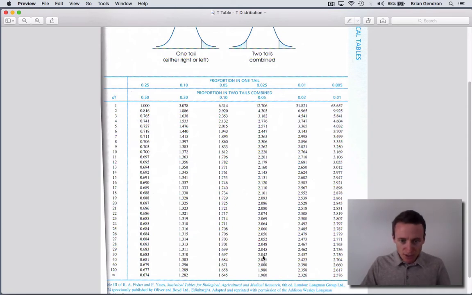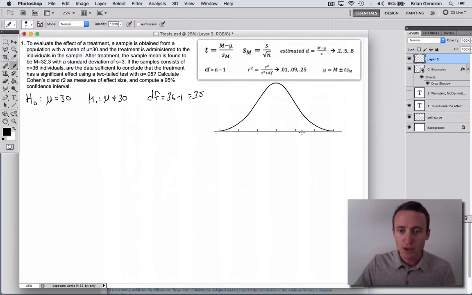Okay, so it looks like the value is 2.042. So here is 2.042 on this side. That's our critical value of t. And down here is our negative 2.042. Remember, this is a two-tailed test.